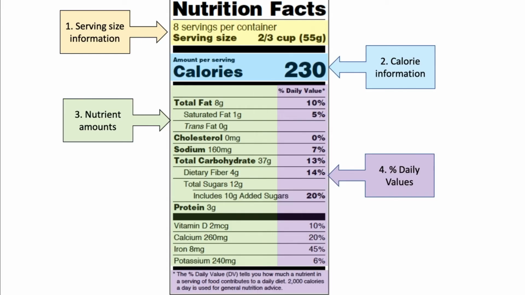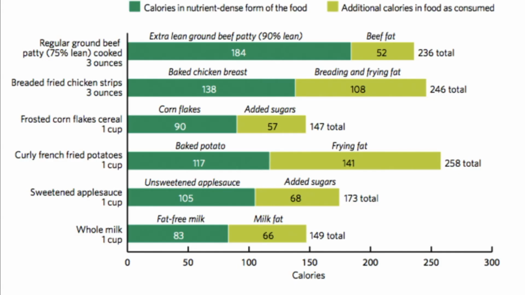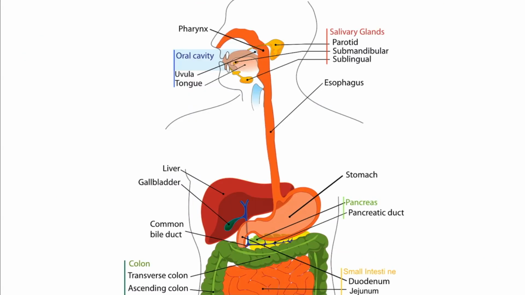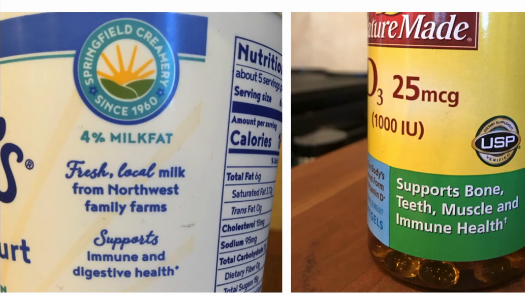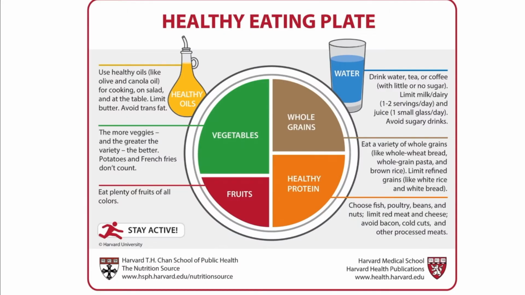Calcium, bone and teeth health maintenance, nerve transmission, muscle contraction, and blood clotting. Phosphorus, bone and teeth health maintenance, acid-base balance. Magnesium, protein production, nerve transmission, and muscle contraction.